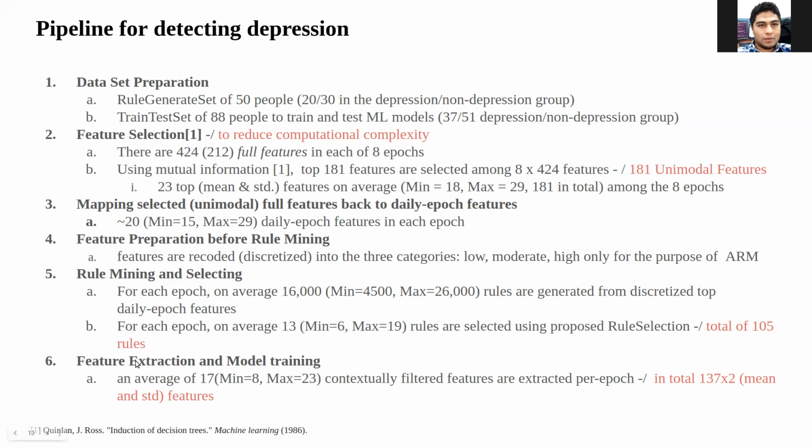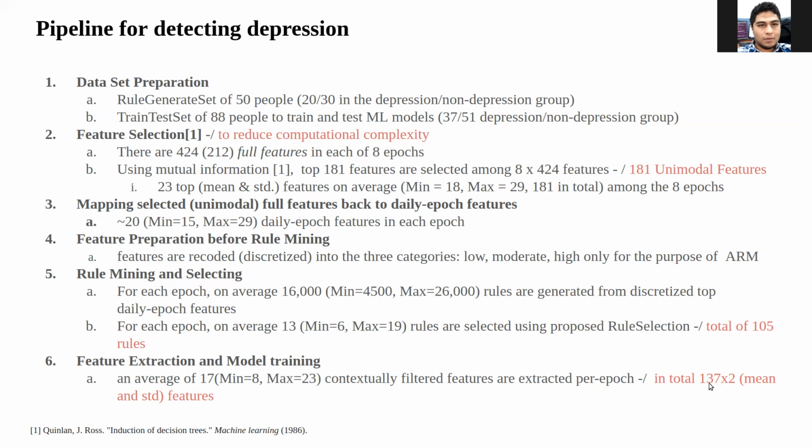And using those 105 rules, they get contextually filtered features using the previously discussed procedure. So even though they have 105 rules, those rules on the Y side correspond to 137 features. You might ask why it's not 105.